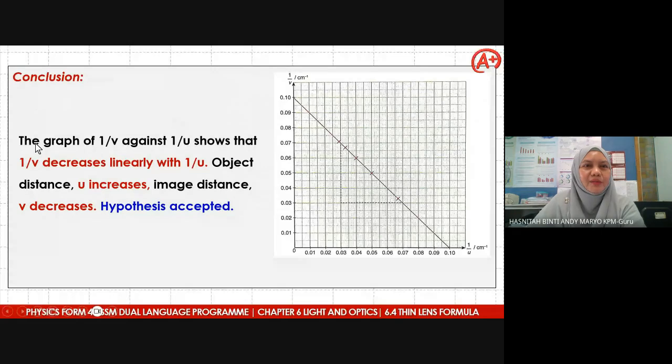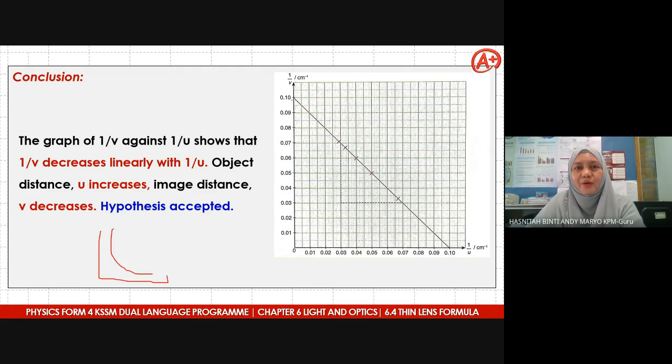This is the conclusion we can make from this activity. Number one, the graph of 1 over V against 1 over U shows that 1 over V decreases linearly. This is not an inversely proportional graph. Remember, we learned earlier, if the graph is inversely proportional, this is the pattern.